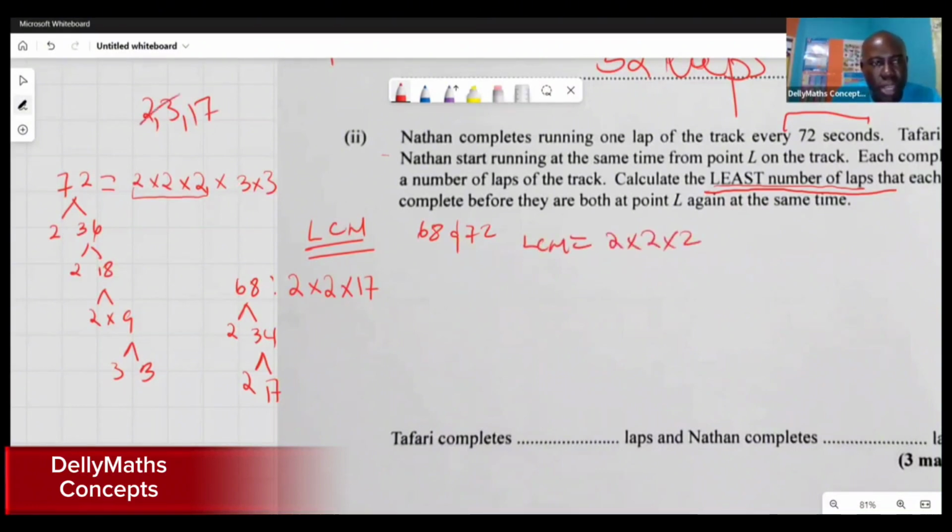If I look at number 3 now, there are two 3s here, and there is none in this one. So I have to put those two 3s. I look at number 17, there is none here, and there is 1 here. I put it there. If I multiply all of these together, it's going to give me the lowest common multiple of these 2 numbers. Talking about 2 times 2 times 2 times 3 times 3 times 17.